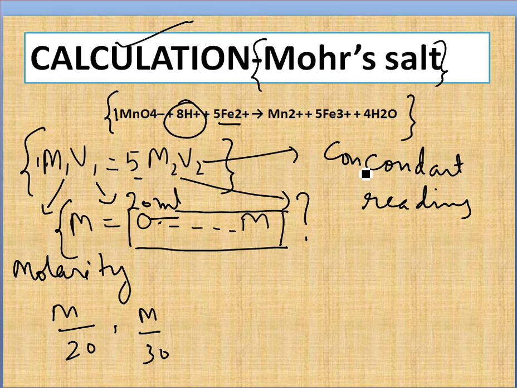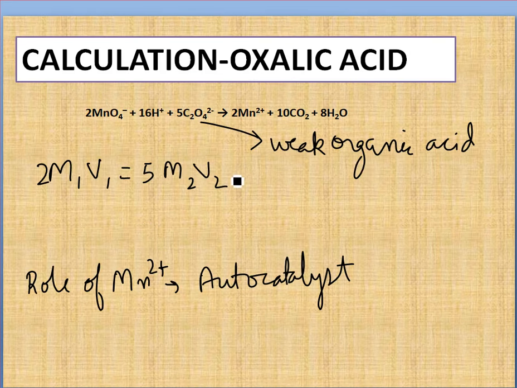Next one, for the calculation of oxalic acid, you have seen here also an acidic medium is there, 2 moles and 5 moles, because it is a weak organic acid. That's why the acidic medium is also taken.